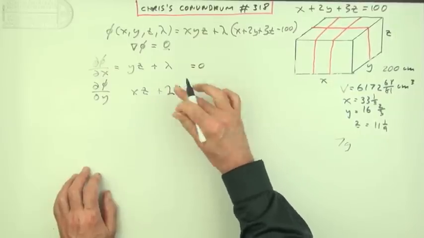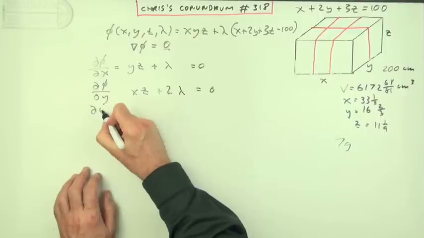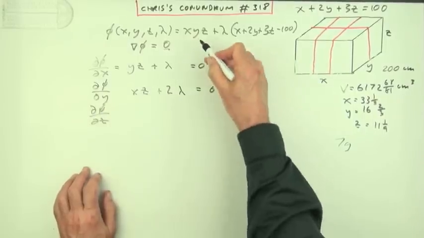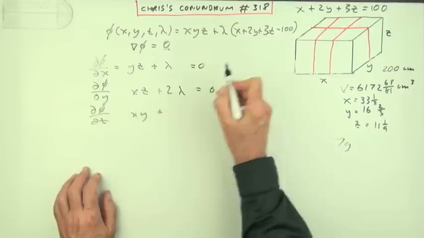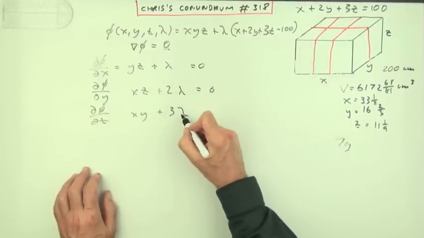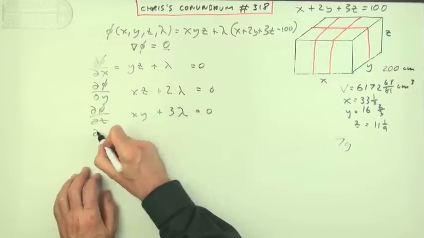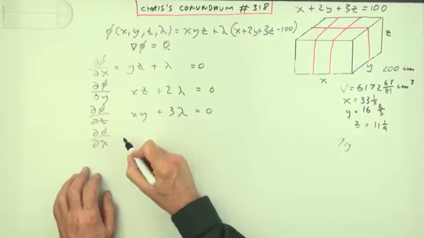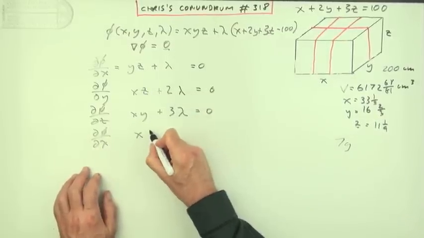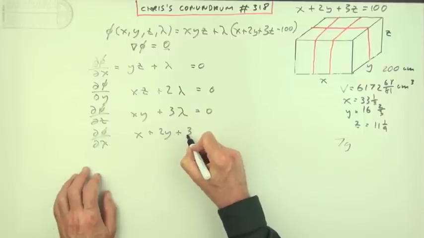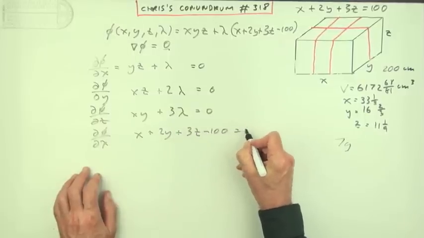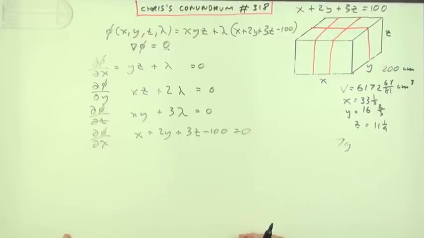The partial derivative with respect to z would be xy, but this time it's plus 3 lambda. And the partial derivative with respect to lambda would be x plus 2y plus 3z minus 100 equals 0, which notice is just the constraint equation.